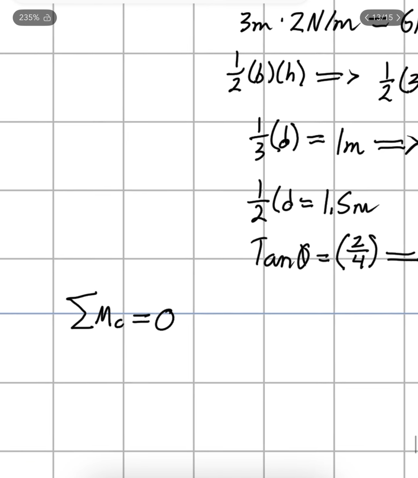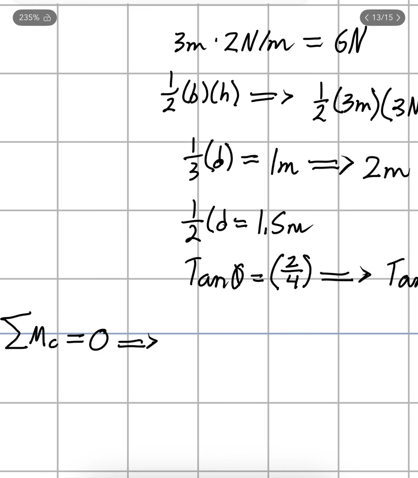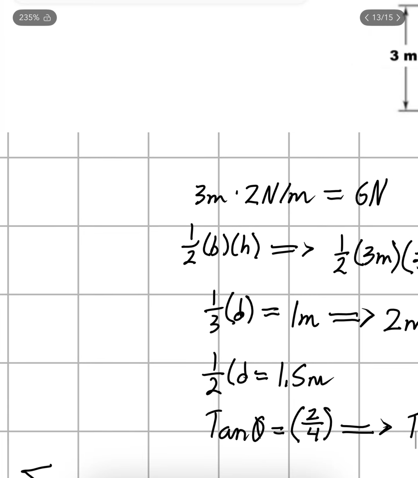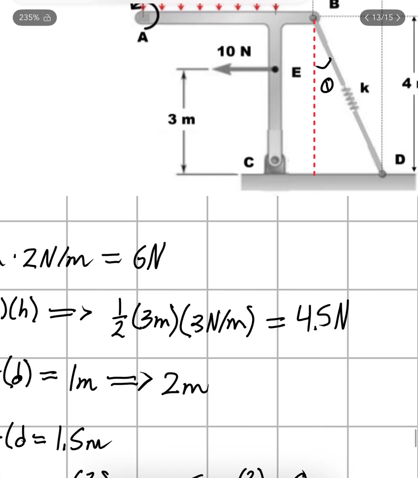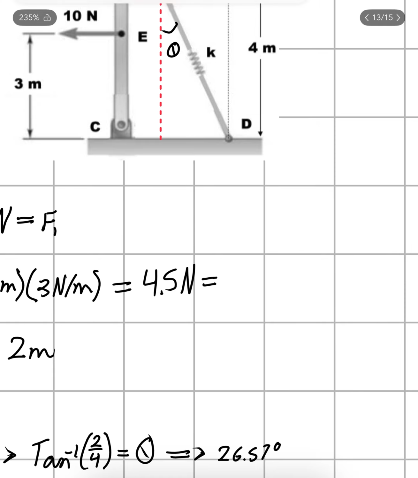It is not moving. It has no acceleration or movement of any sort. So now we can plug in all of our values. First, let's label these. We'll say 6 newtons is force 1 and 4.5 newtons is force 2.